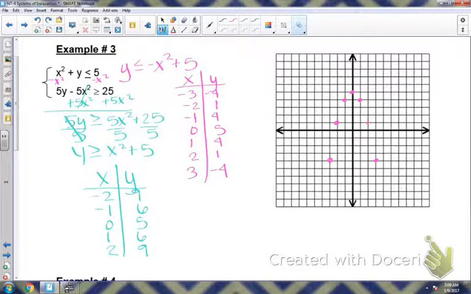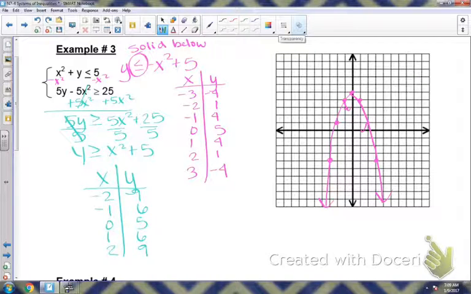Before you connect the points, look back at your inequality. It's less than or equal, so it's solid, and we're shading below the line. Make sure you extend it throughout the graph. Below the line, pick any point, and you'll be shading below it.